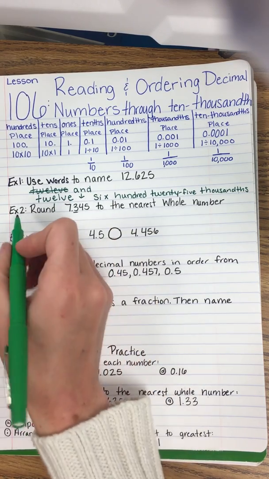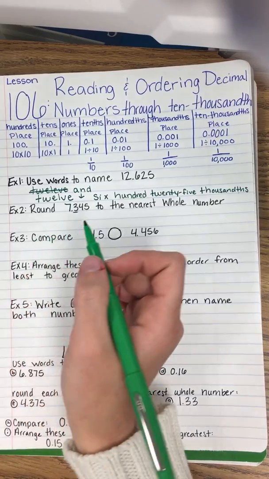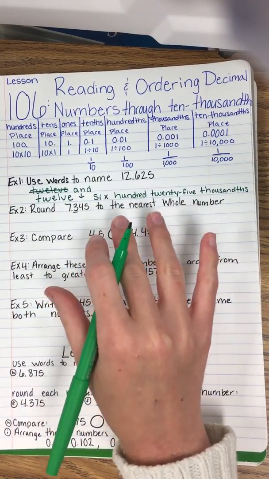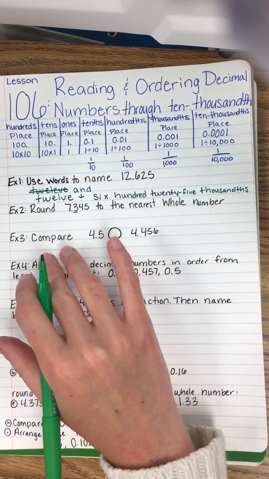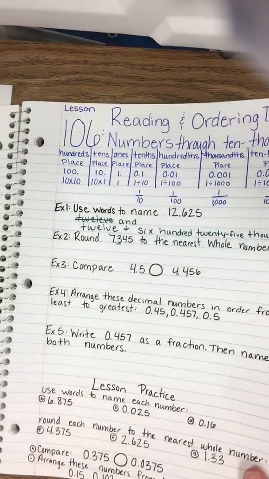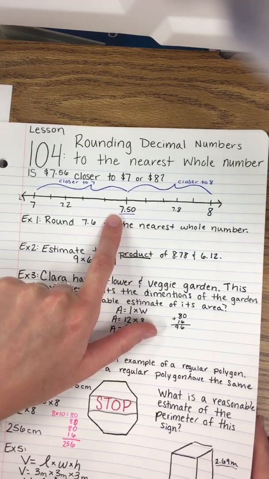Remember, 7.5 or 7 5/10ths is the determining factor for bumping it up to 8 or down to 7, because remember on our number line that we did a couple lessons ago in lesson 104.